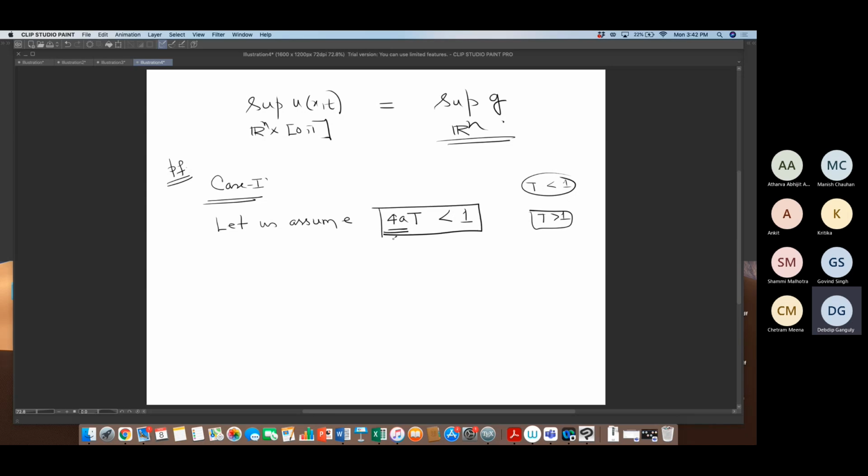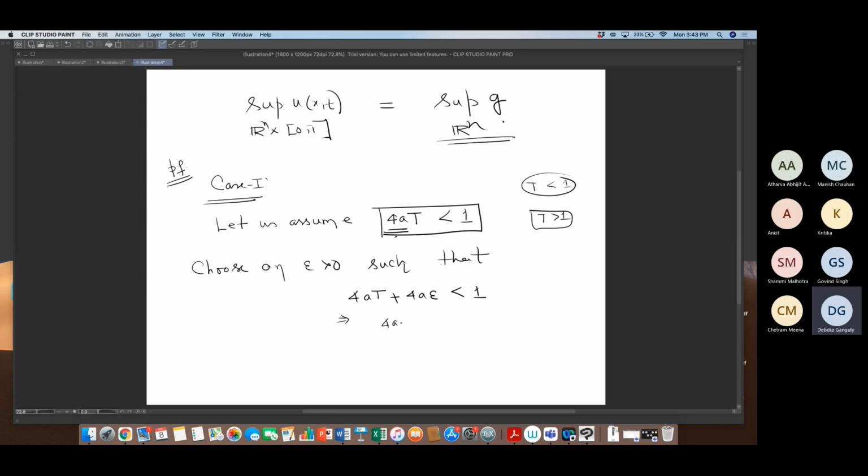Then you can choose an epsilon positive. So this 4aT is strictly less than 1, and I can include epsilon also. Choose an epsilon such that, the standard trick, 4aT plus 4a epsilon is strictly less than 1. I can always do that.